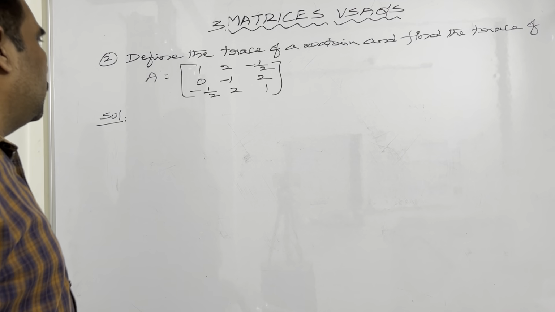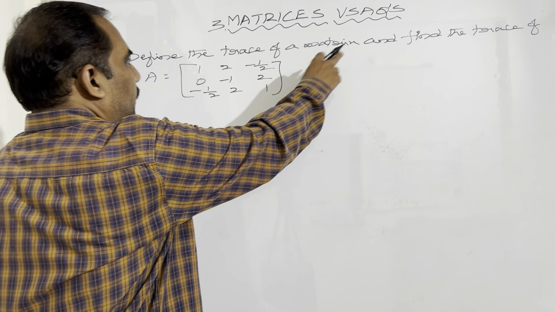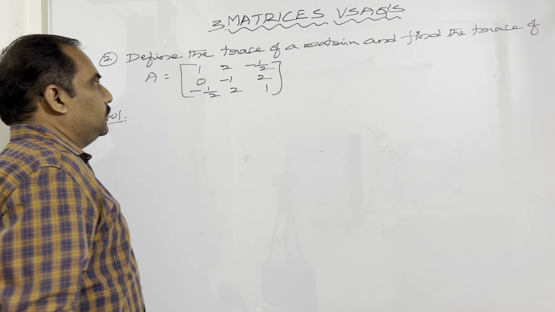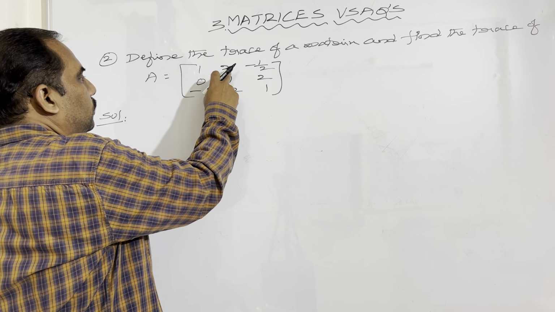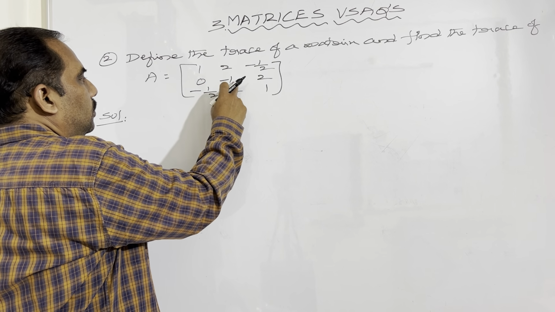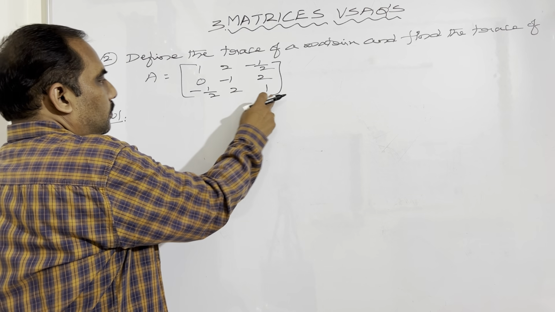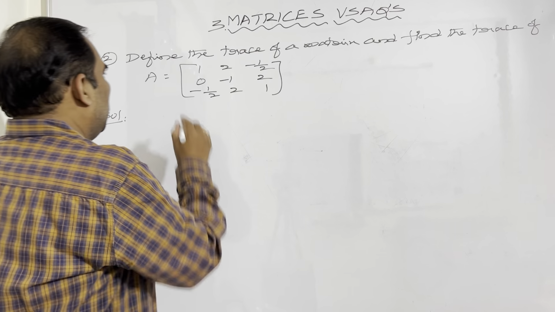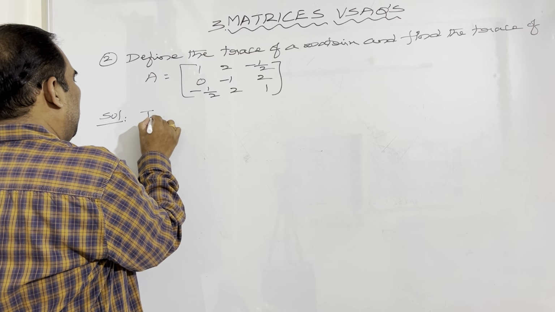The next question is: define the trace of a matrix and find the trace of A, where A is equal to [1, 2, -1/2; 0, -1, 2; -1/2, 2, 1]. What is the trace of a matrix?